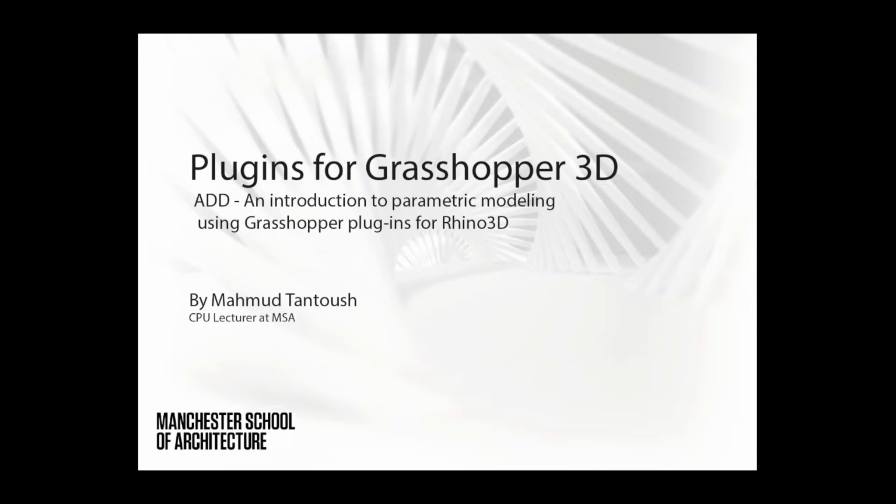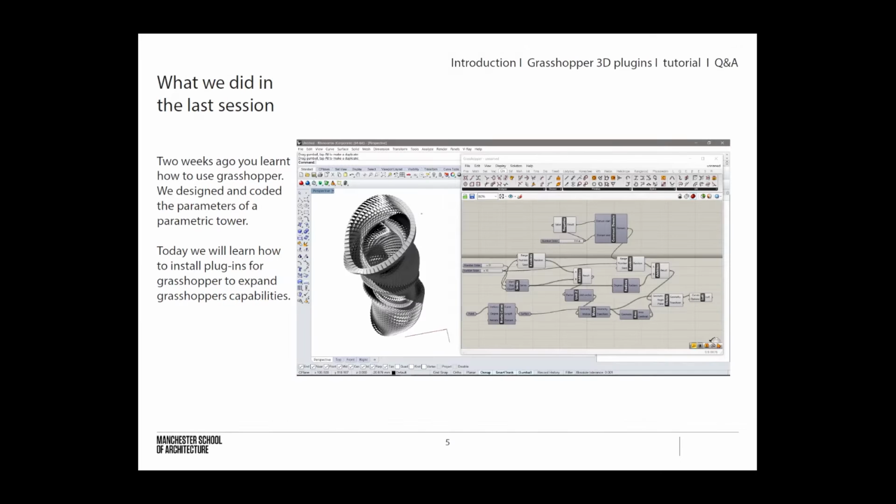In the first workshop we talked about what parametric modeling is, what a node is, and how to link nodes. We talked about how the flow of data always goes from left to right. And we basically developed an understanding of how to develop scripts and geometries based on those scripts, okay?